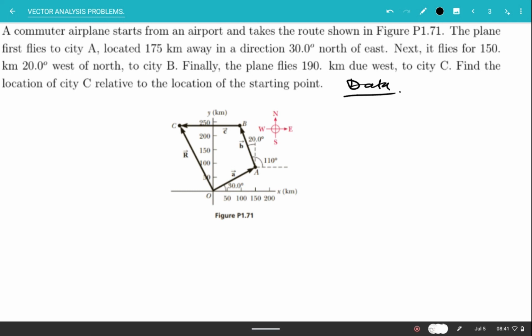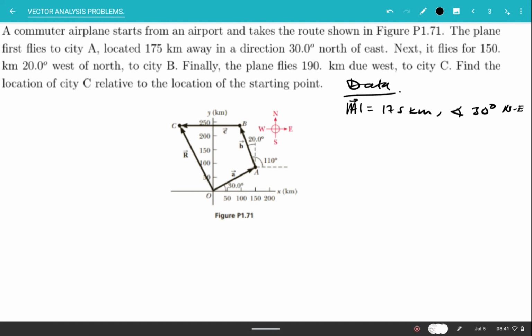So we can collect some data. We know that the vector A has magnitude of 175 kilometers, and it's in the direction that is 30 degrees north of east.